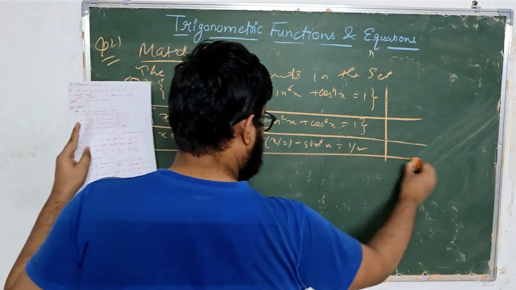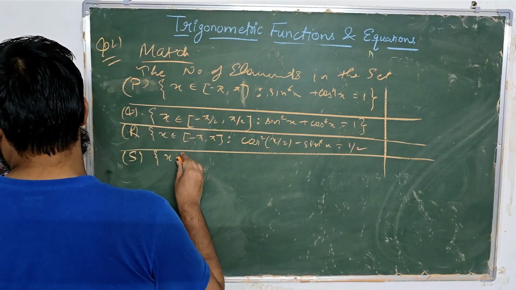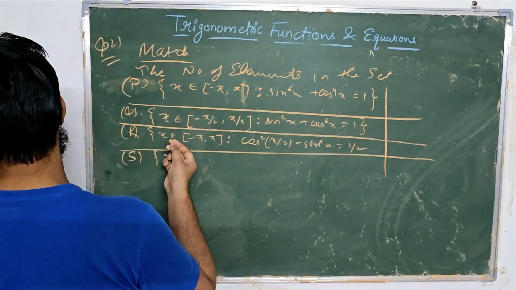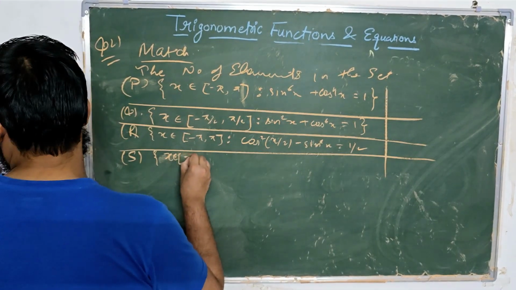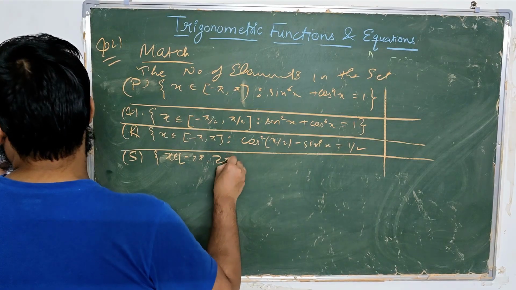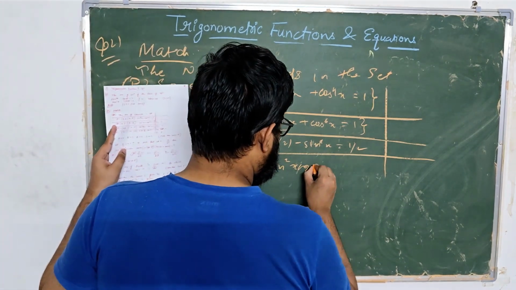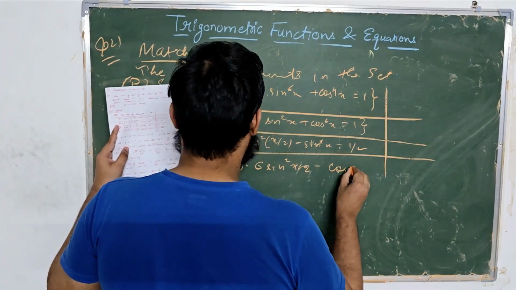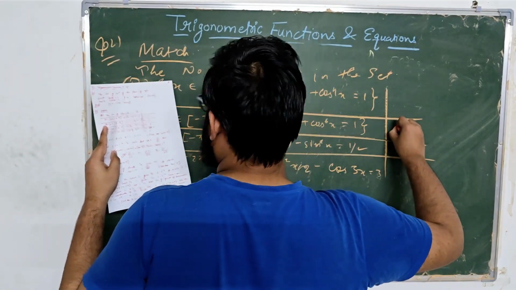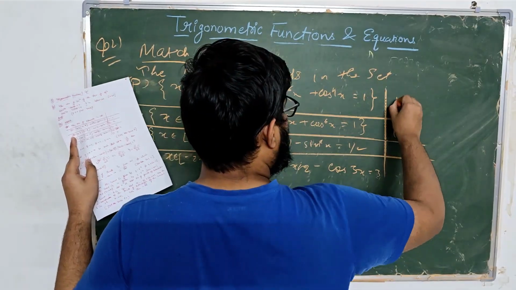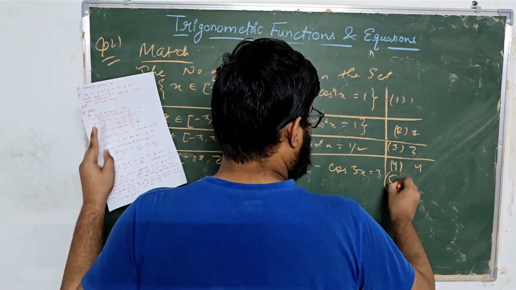Then x belonging to negative 2 pi to 2 pi included, 6 sine square x by 2 minus cos 3x is equal to 3. And over here we have 1, 2, 3, 4 and 5.